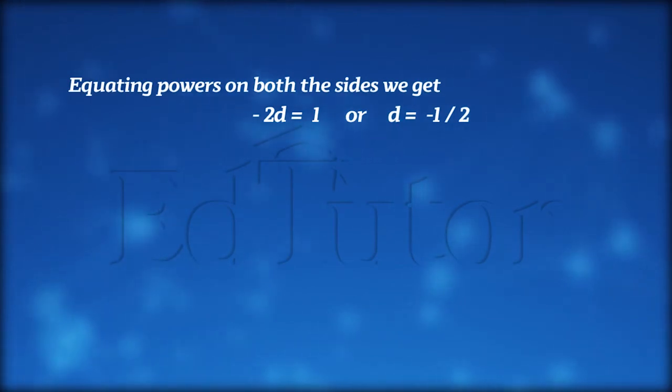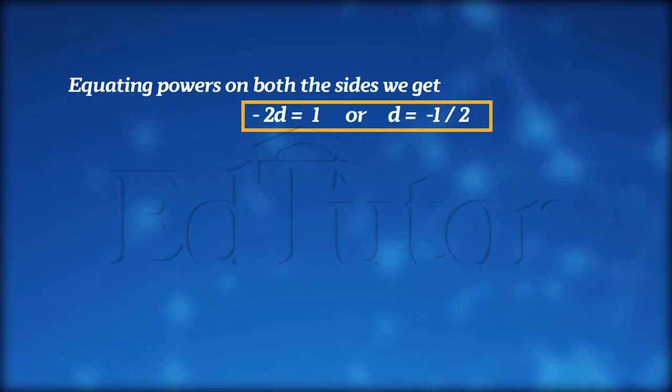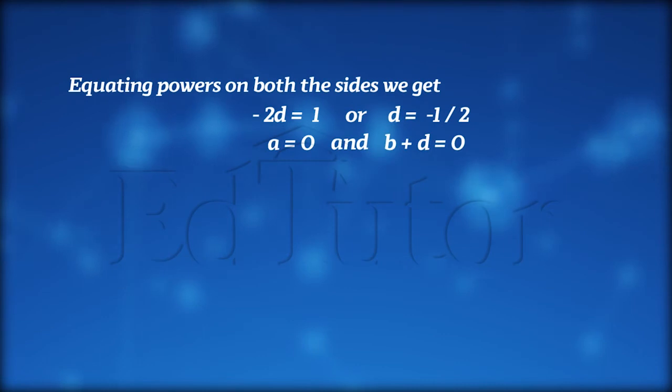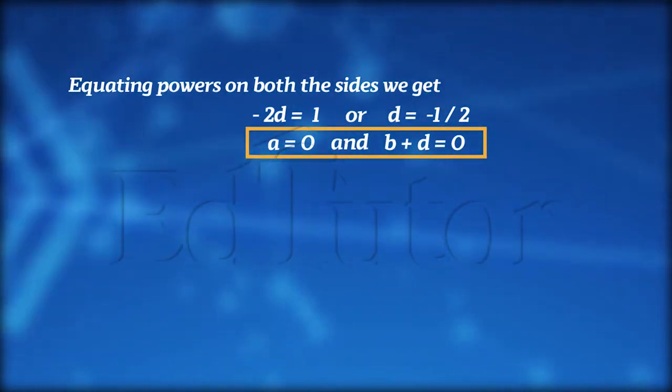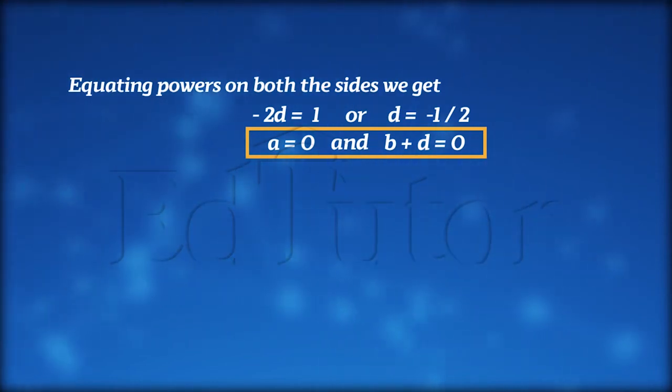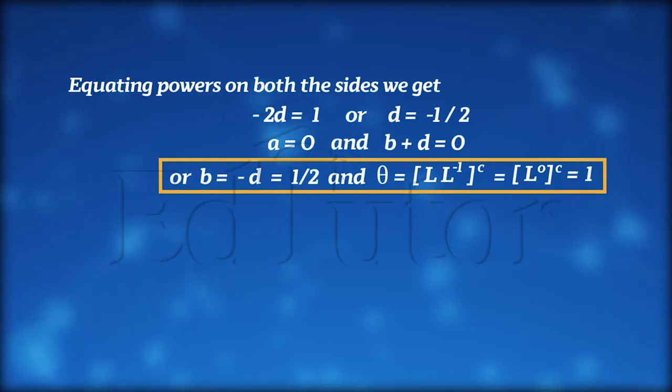Starting from the first equation, minus 2d is equal to 1, so the value of d is minus 1 over 2. Now, from the second equation, a is equal to 0. From the third equation, b plus d is equal to 0, so b is equal to minus d, or 1 by 2, as the value of d is minus 1 upon 2. Similarly, the value of c is 0.